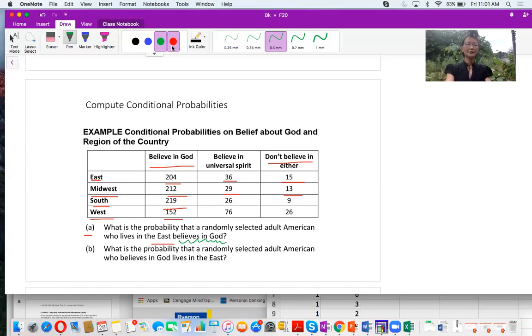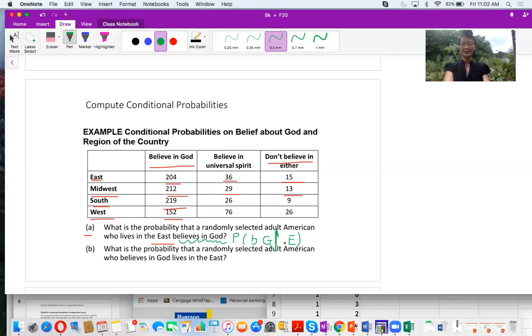So how do we solve this question? The question asks for the probability of believing in God under the condition that people live in the East.